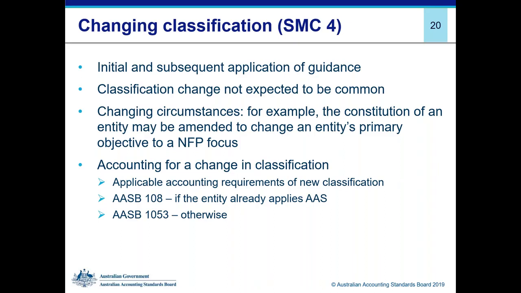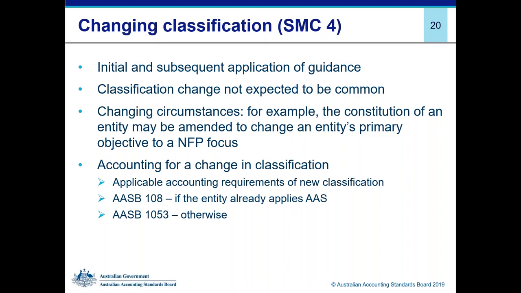Now, as a change in accounting policy, the relevant standard is AASB 108, the accounting policy standard, and that has a number of requirements that would be applicable. A change in classification under this standard, the amendments to AASB 1057, if the board finalises those, means that the AASB 108 references would apply to a change of accounting policies required by a standard, rather than voluntary changes of accounting policies.